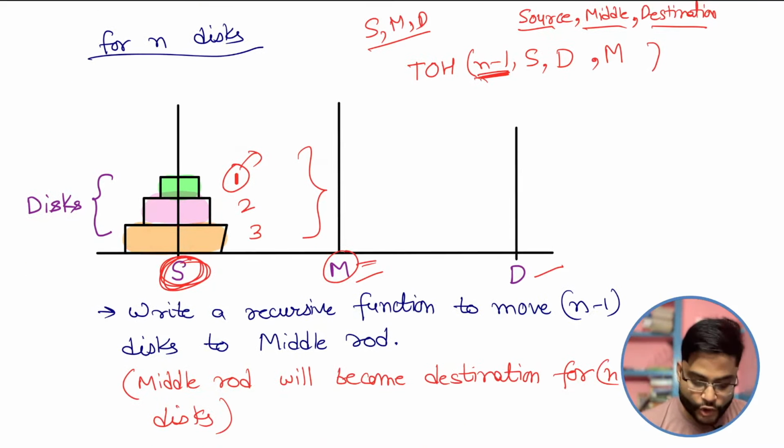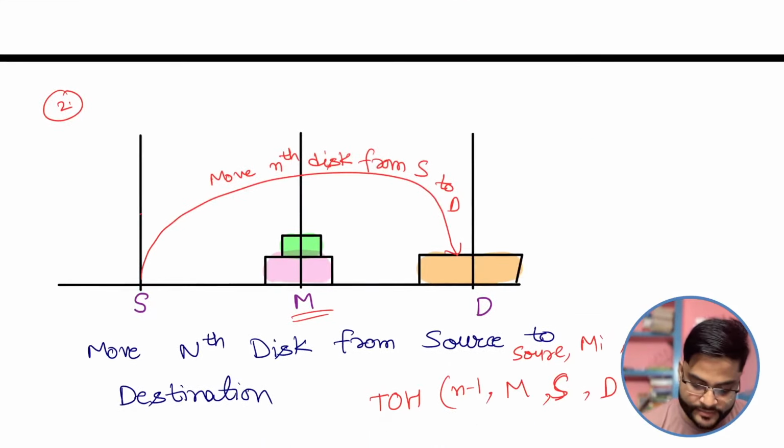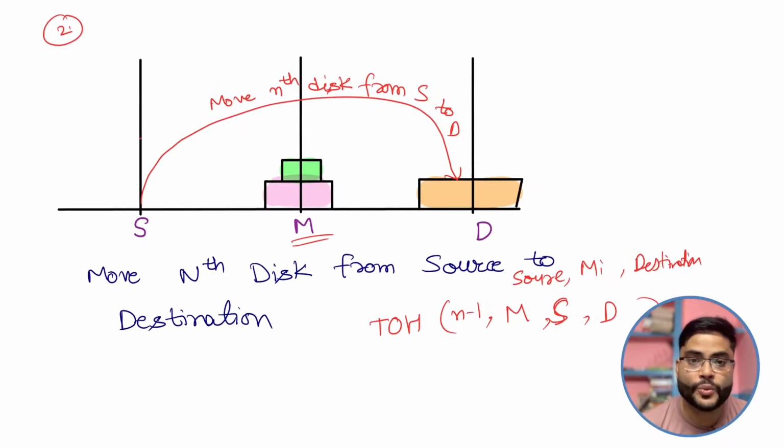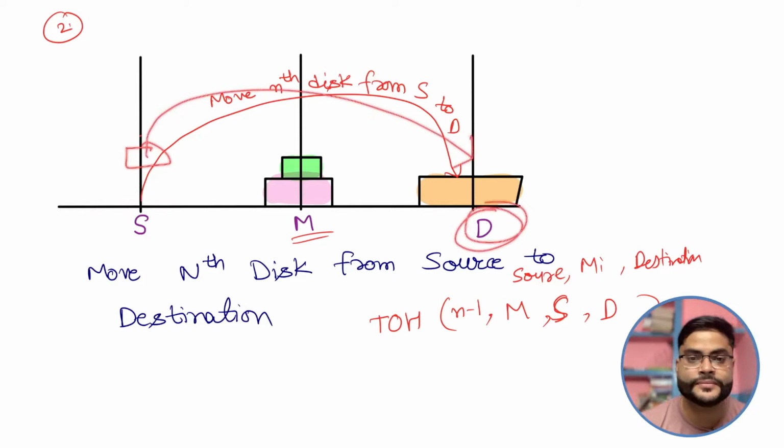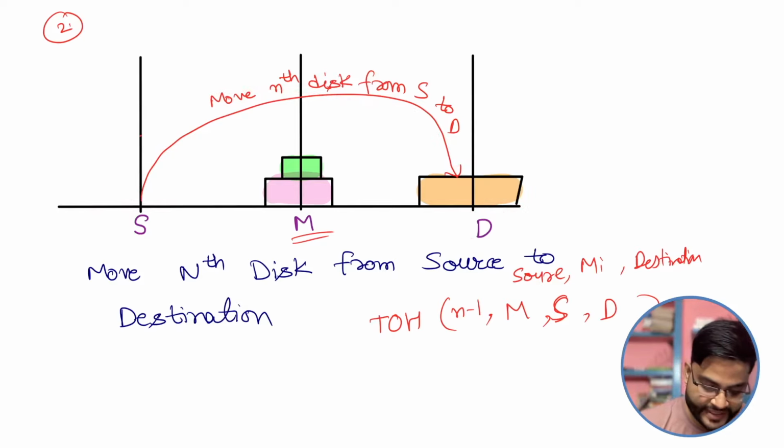How? To move my third disk, I need to move my 2 disks to the middle. But to move 2 disks from the source, I need to move my lightest disk to the destination. So let's say we have 2 disks.